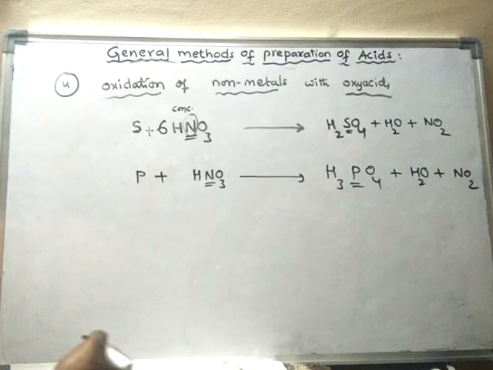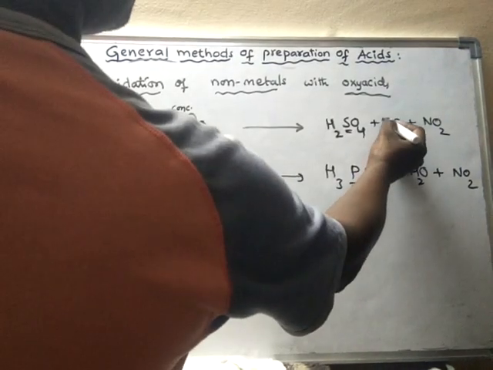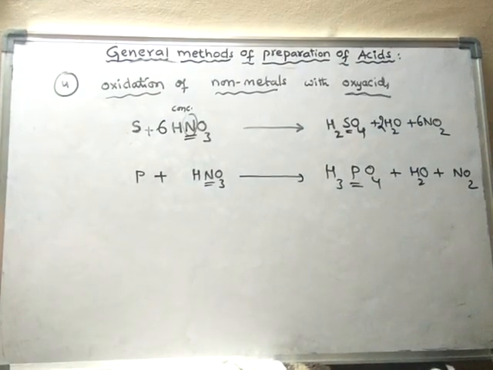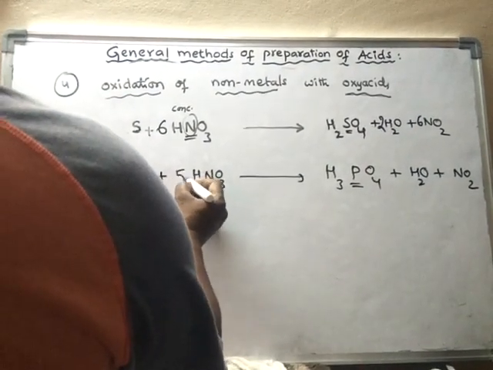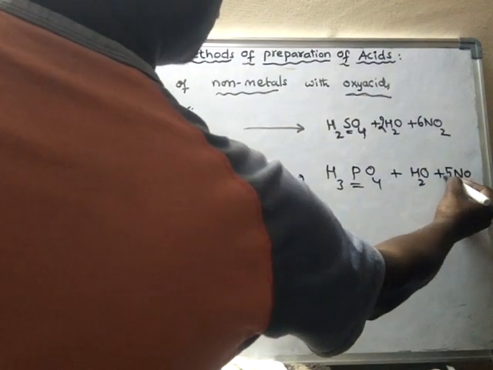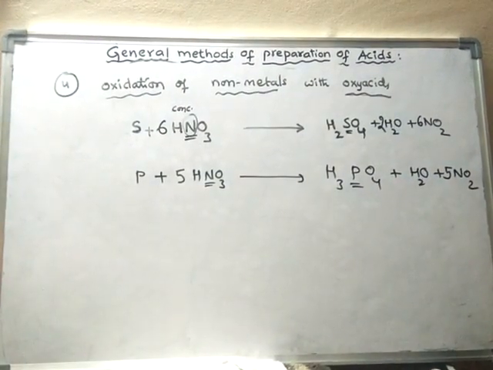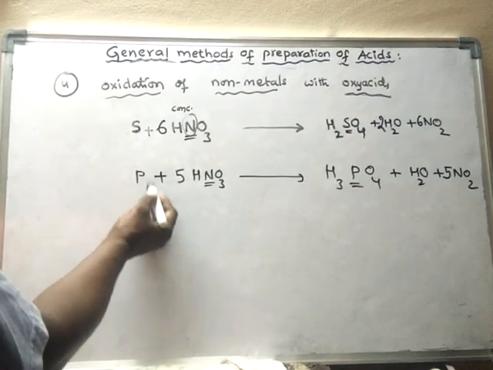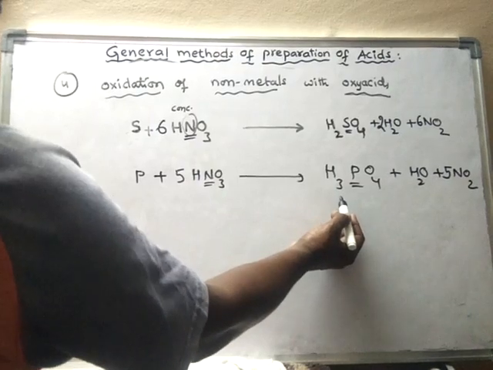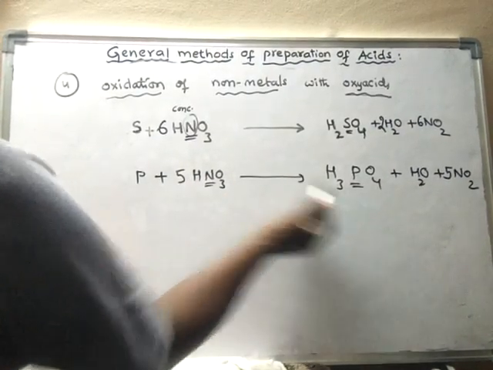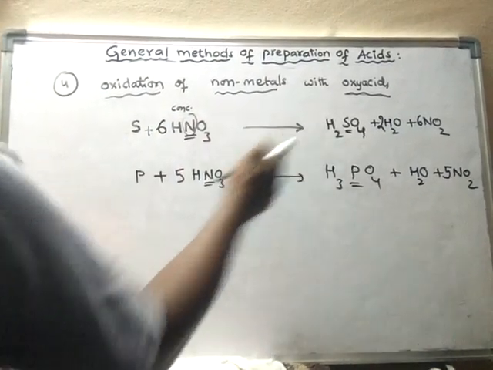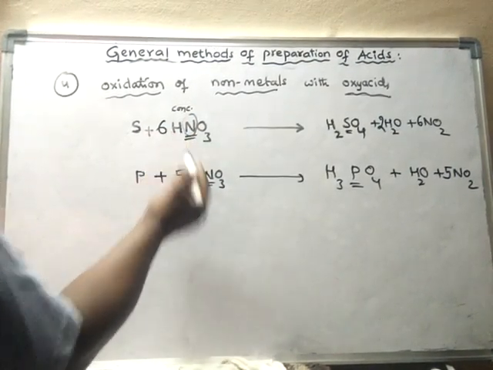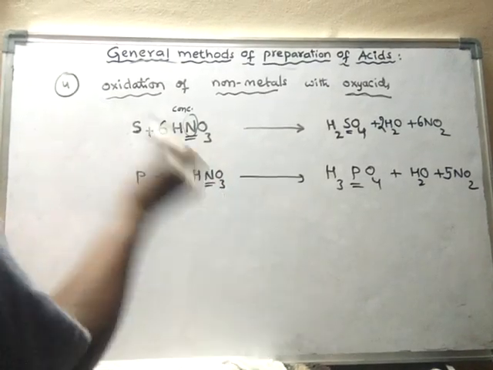Actually here it should be 2 and 6 NO2. Here 5 HNO3, so 5 NO2. So this non-metal is oxidized to its acid with the help of oxidizing agents. So these are oxyacids.